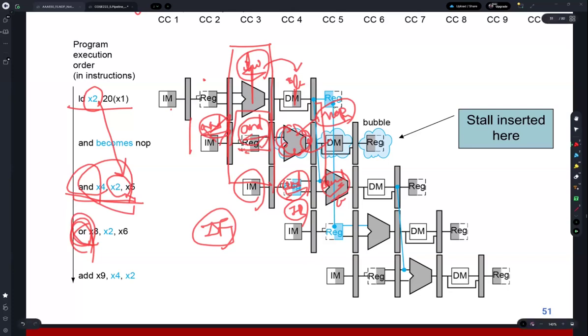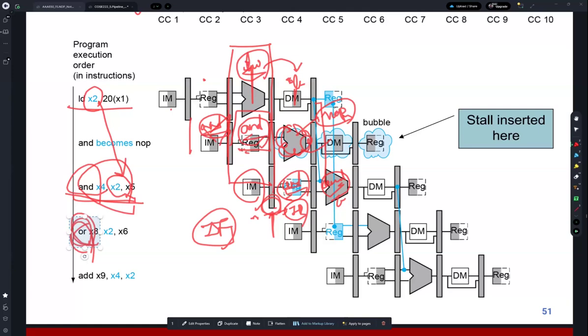Also, we disable the update of the pipeline register, right? By doing this, this OR instruction is not propagated to the next stage. So what is required? We disable the update of the pipeline register.